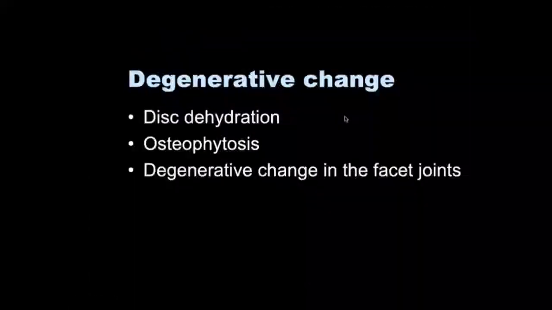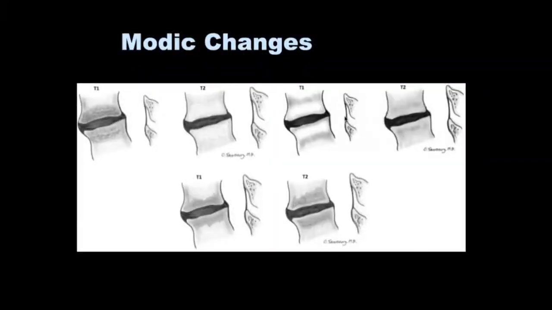Coming to degenerative change, this is more like bread and butter for spine imaging. It's like looking for disc dehydration, osteophytosis, and degenerative change in the facet joints. So you would have heard something called the Modic changes.